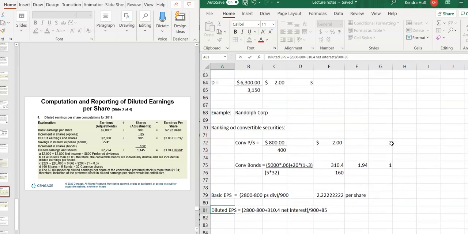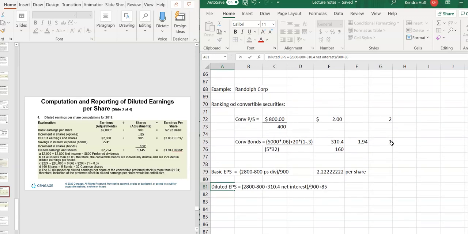I don't think I did them. I'll go back and do it in a minute. All right, and then plus the 160. All right, $2 per share, which is lower, so we're still okay.